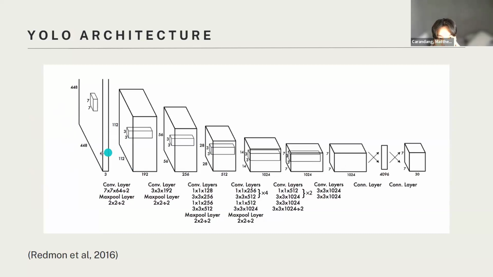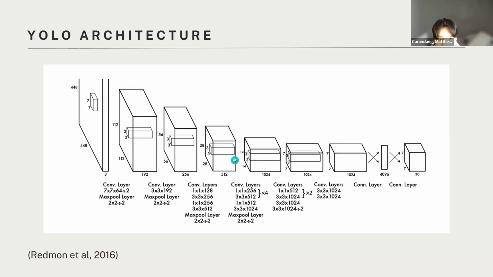Then each convolutional layer will be extracting features from the images, and the max pool layer would reduce the size of the input for the next convolutional layer.